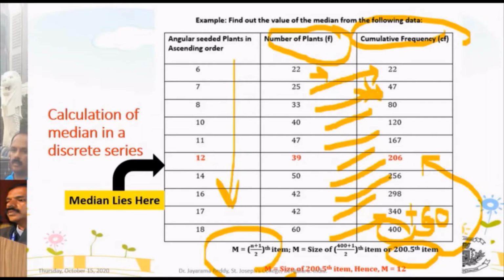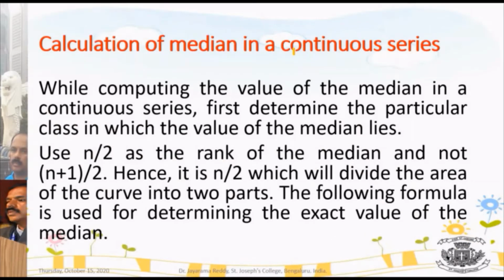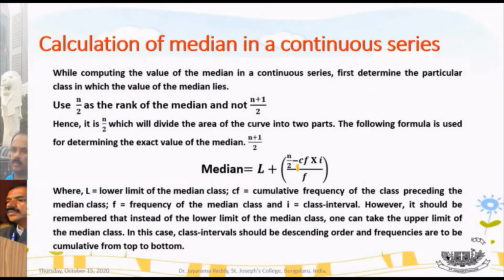The next higher value is 206. We must always consider the value that is next higher, and the value corresponding to that is 12. So thus 12 is the median. 206 is not the median, 12 is the median, the value corresponding to the n plus 1 by 2th item.